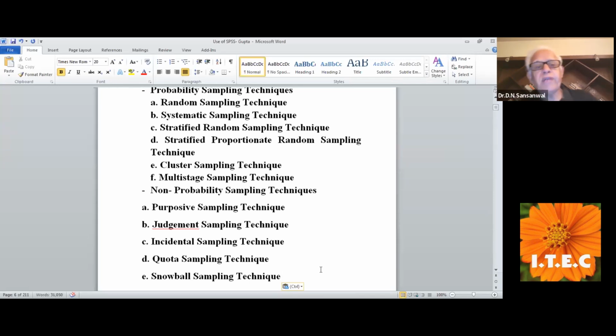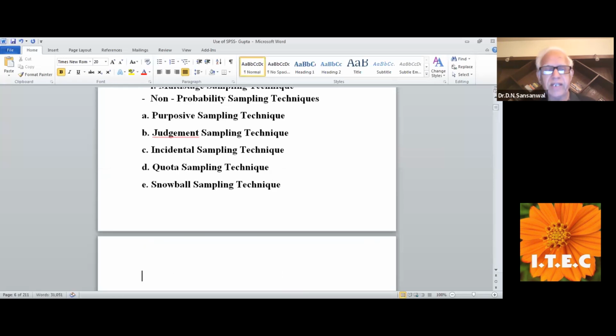Now you must understand why such a classification, why purposive sampling technique does not come under probability sampling technique, why cluster sampling technique is not part of the non-probability sampling technique. So you must understand these important things.